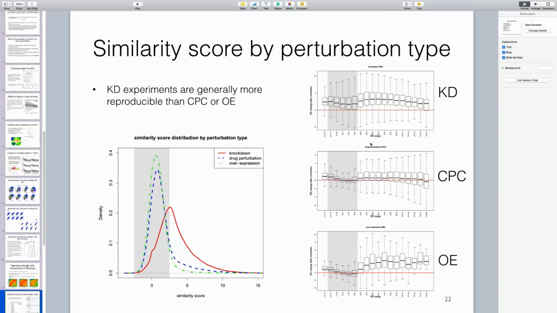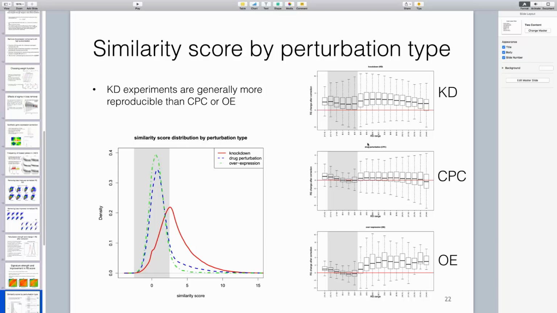If I go to the right, we can ask, if we bin the samples based on their initial reproducibility score, and then ask how much they improved in reproducibility, we see that samples that have a high reproducibility score generally improve more.